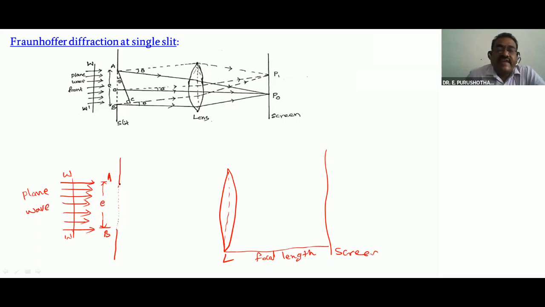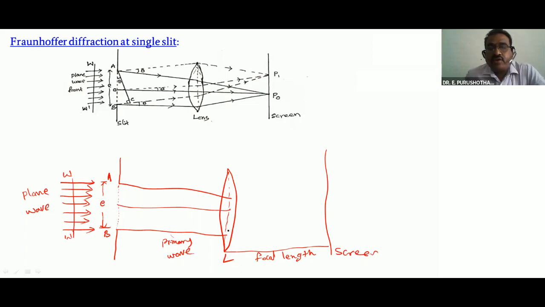So at this edge, it is diffracted and allowed to fall on the convex lens. From this edge also, and from this center also, allowed to fall on the convex lens. So this is the primary wave.